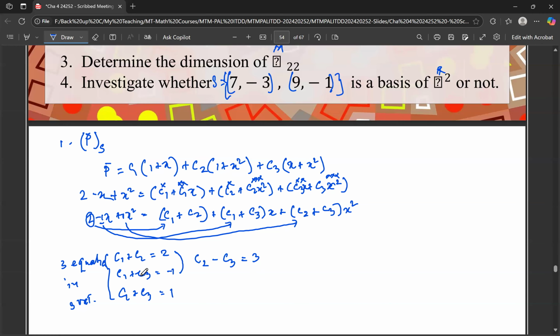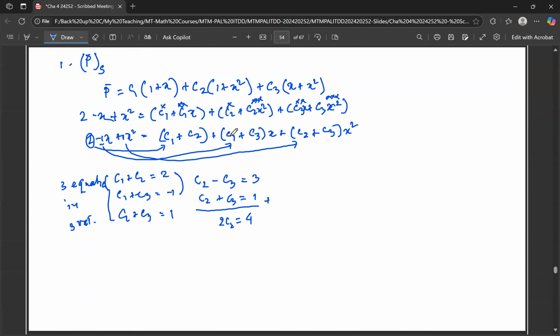And then combine with the third equation, C2 plus C3 is equal to 1. We add them, so that if before we subtracted, now we add to eliminate C3. And we have 2C2 will be 4, so C2 is 2.